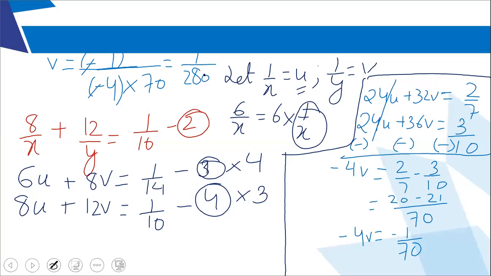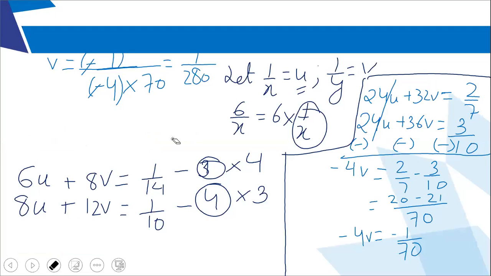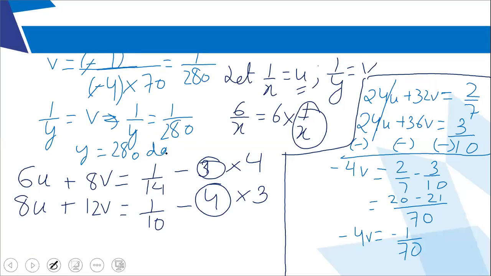So v is 1 upon 280, but 1 upon y is equal to v, and that means 1 upon y is equal to 1 upon 280. That means y is equal to 280 days. So a boy, if you just employ one boy, he will take 280 days. This is your answer. And similarly, you will find out for the other variable also. Got it?